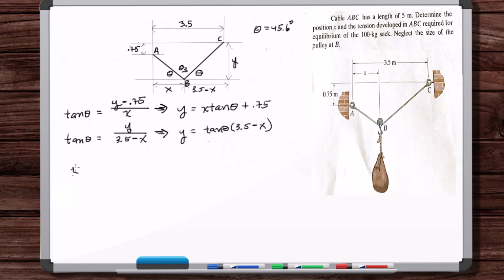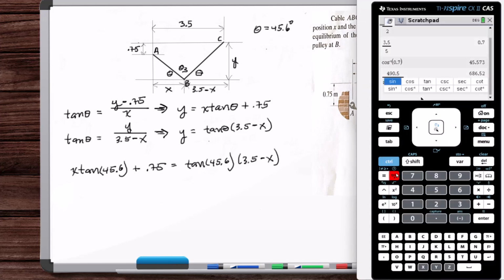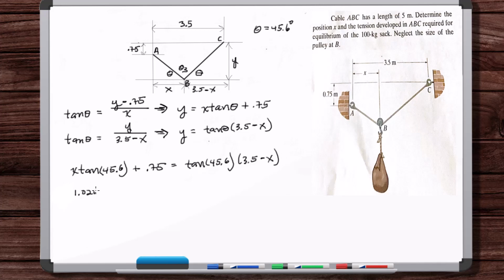So we've got x tangent 45.6 plus 0.75 is equal to tangent 45.6 times (3.5 minus x). Okay, so tangent 45.6 is 1.0212, so 1.0212x plus 0.75.